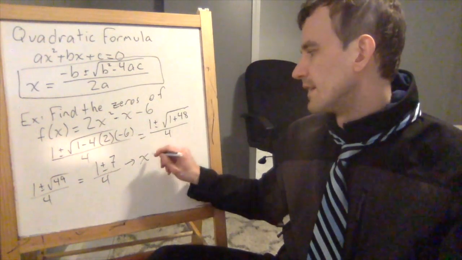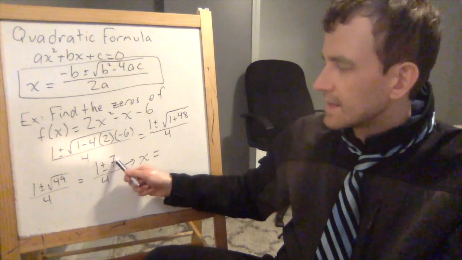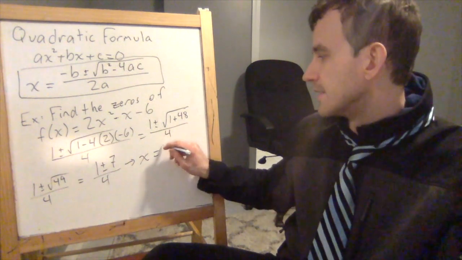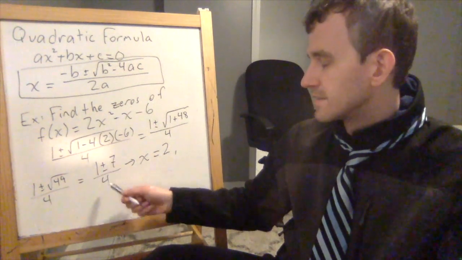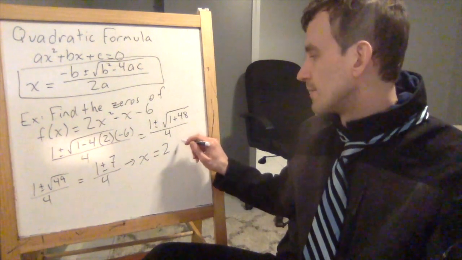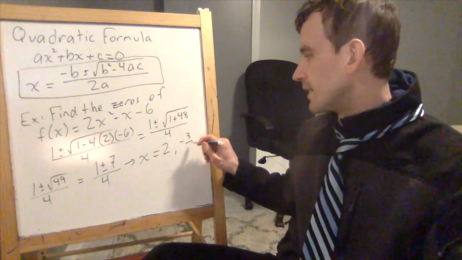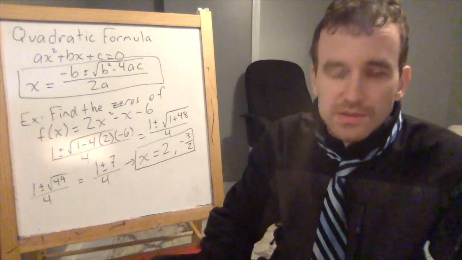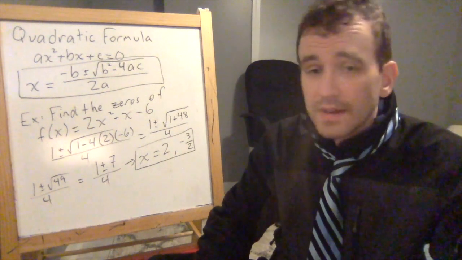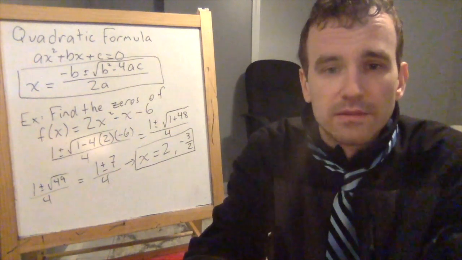So, looking at that, we have two different solutions. 1 plus 7 is 8, divided by 4 is 2. 1 minus 7 is negative 6 over 4. Negative 6 over 4 reduces to negative 3 over 2. So in this case, we have two solutions, two different zeros for the quadratic equation: x equals 2 and x equals negative 3 over 2.